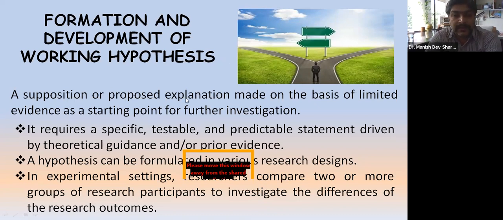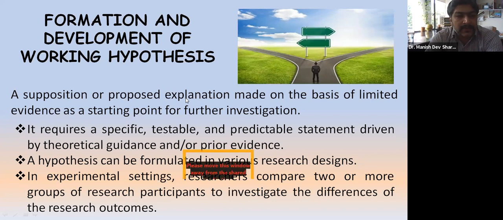The point of discussion here is that this is a decision point, in which way you need to proceed. So it is again essential that we require a specific, testable and predictable statement driven by theoretical guidance and prior evidence.